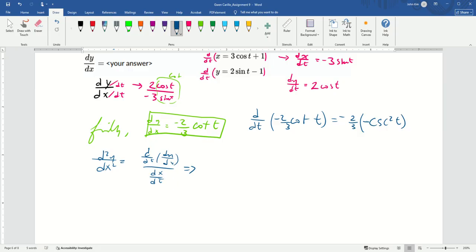A negative and a negative becomes a positive 2/3 cosecant squared of t, divided by dx/dt, which we already found is negative 3 sine of t.